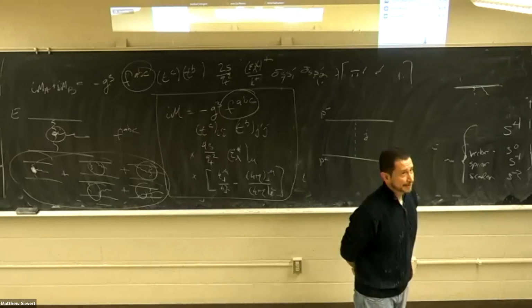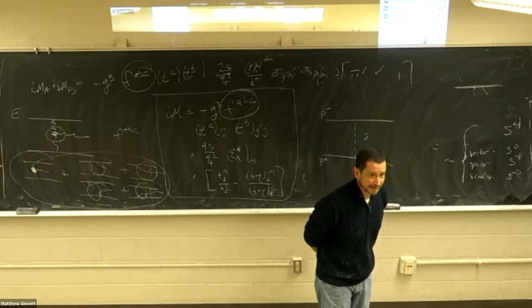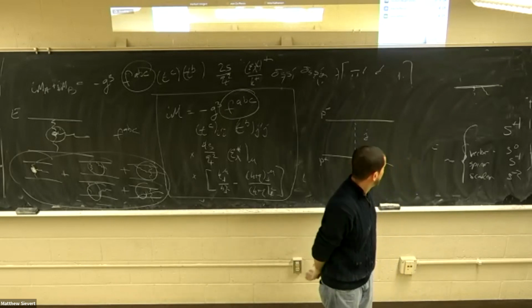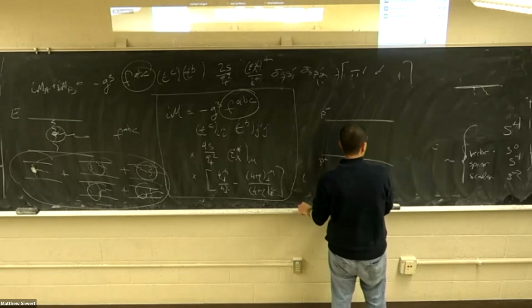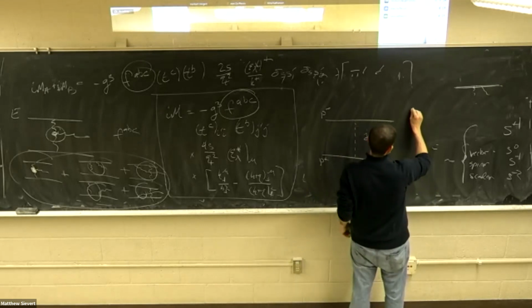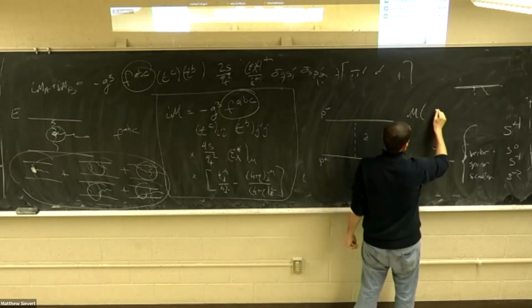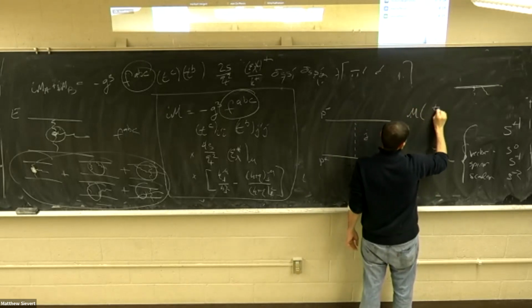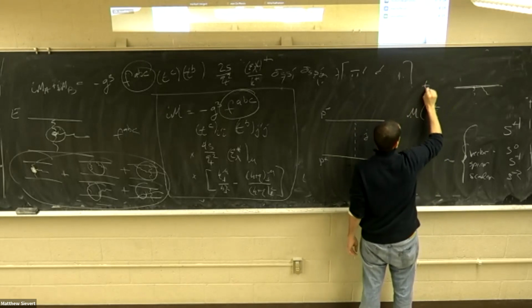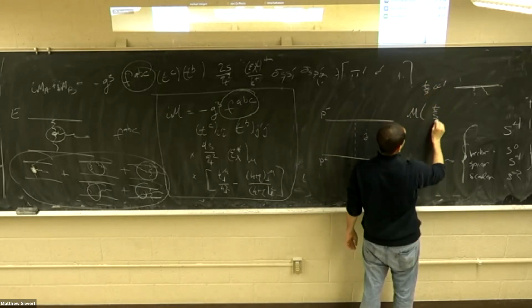And so is this fact approximation dependent? Is it in the eikonal, or is it just? I would say it is subject to eikonal kinematics. It is not the eikonal approximation. The eikonal approximation specifically means I'm writing my expansion of my scattering amplitude as a function of t over s, where t over s is much, much less than 1.